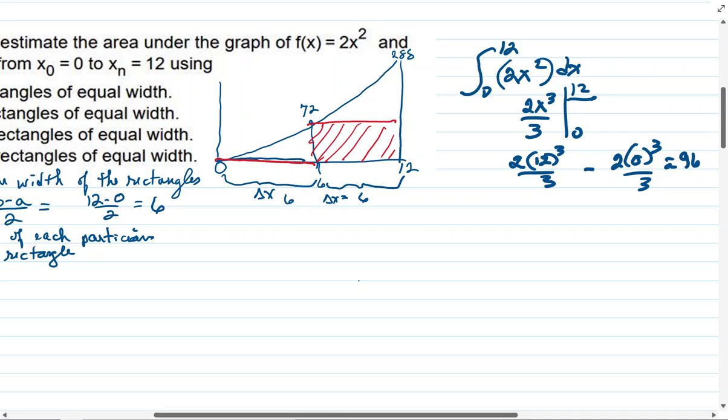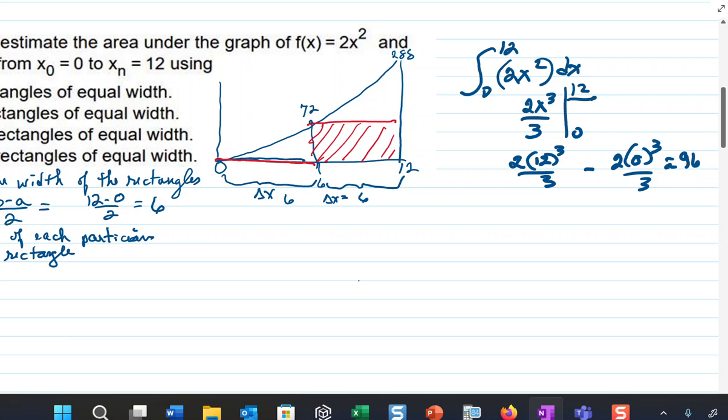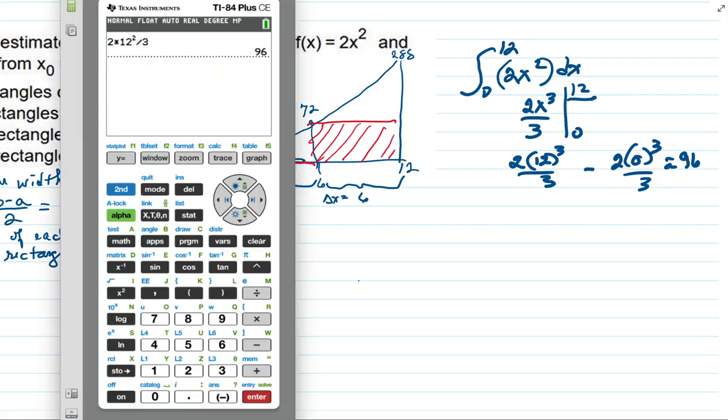Approximately. Okay, if I did the math right. It's supposed to be 12 cubed. Oh, doggone it. And that's why I used the calculator so I wouldn't make a mistake. Sorry about that, guys. It makes more sense now.